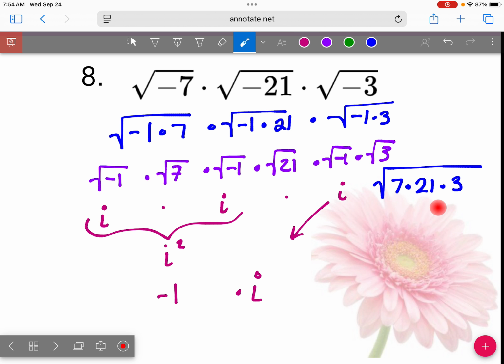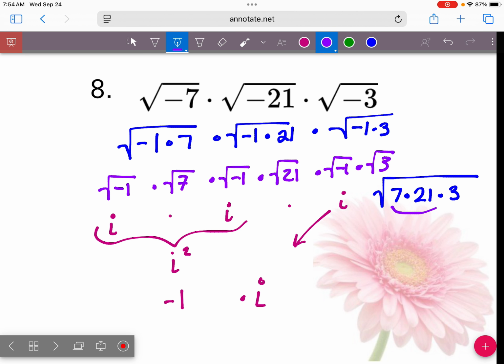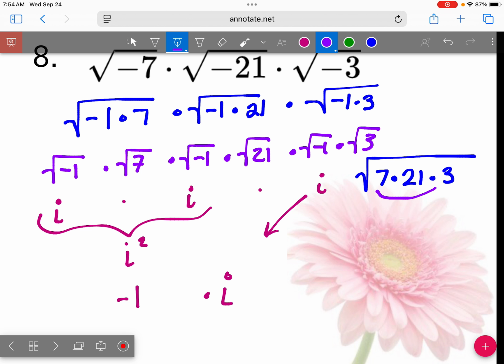What do we notice on this? 7 times 21 times 3. I see 7 times 3 is 21.